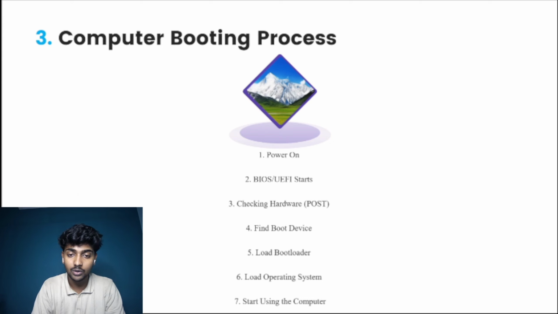After all the loading and checks are done, finally the system utility loading and the user interaction start on your desktop screen. So now the computer is ready to use and interact with the operating system or the other applications which you are about to use on a computer.